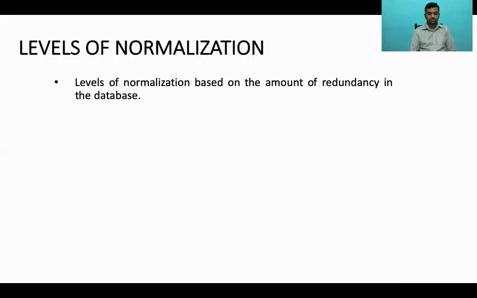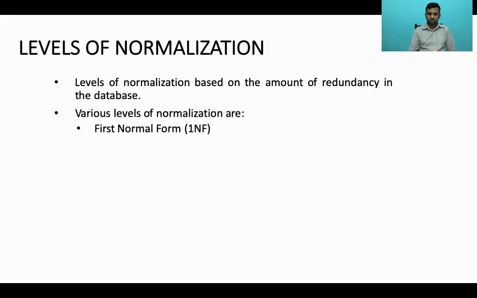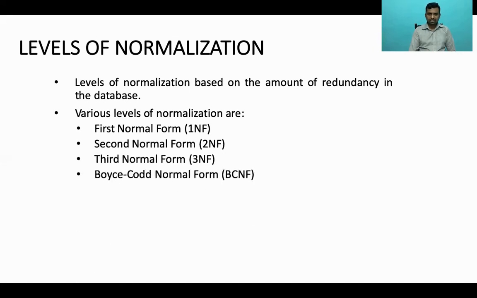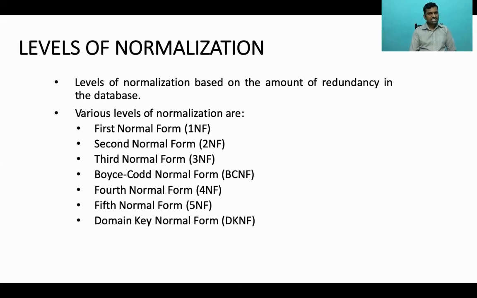Okay, good. So let us go for the levels of normalization. What are the levels of normalization? We go for different levels of normalization based on the redundant data, depending upon how my data is getting stored and how I'm going to divide my data. The various levels are first normal form, second normal form, third normal form, BCNF, fourth normal form, fifth normal form, and DKNF.